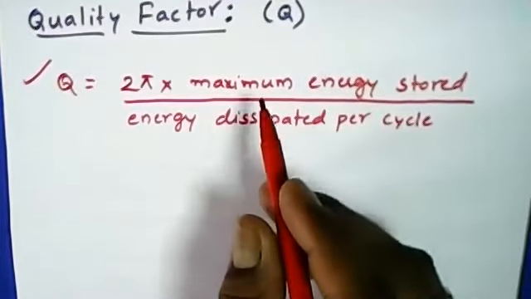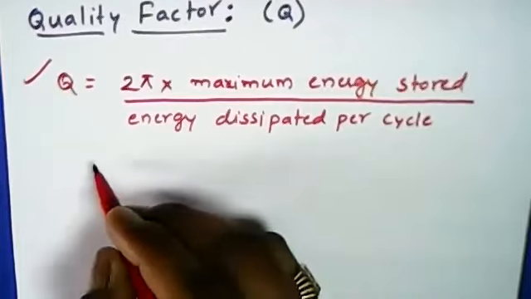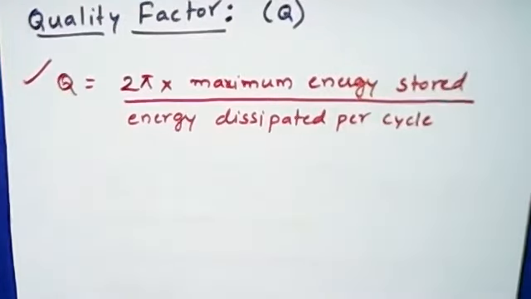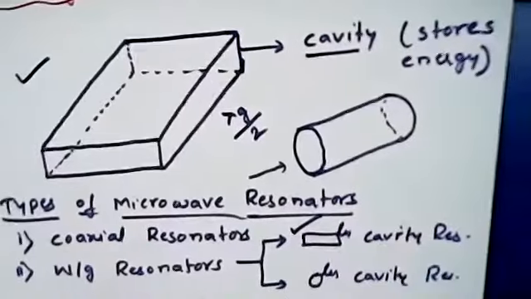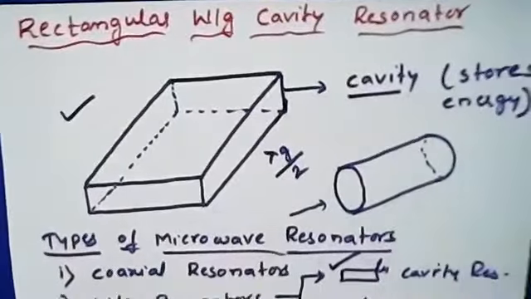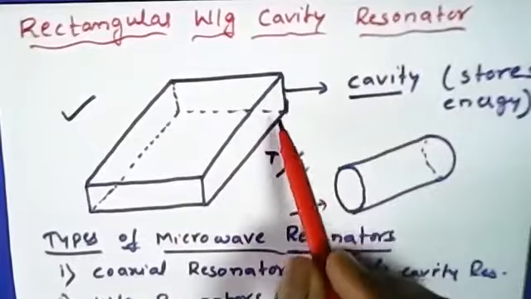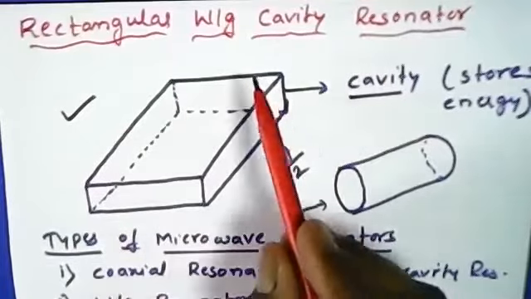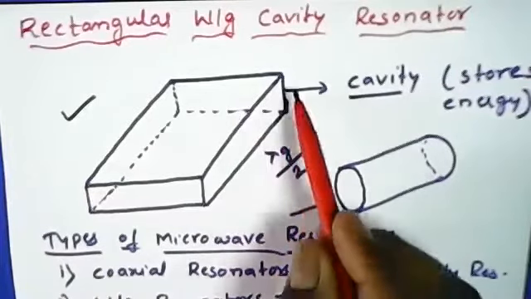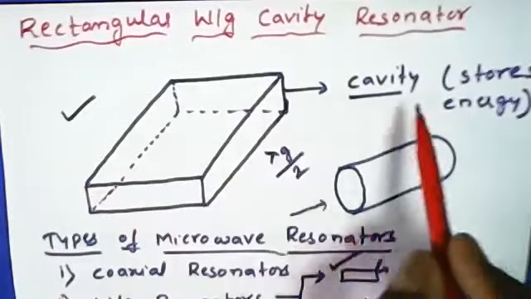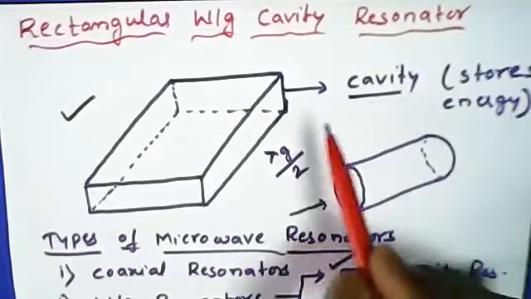So this is the topic we have discussed today. Let me revise whatever we have discussed today. The first case we have seen is the cavity resonator. What is meant by cavity resonator? A cavity is nothing but a structure that stores energy within it.